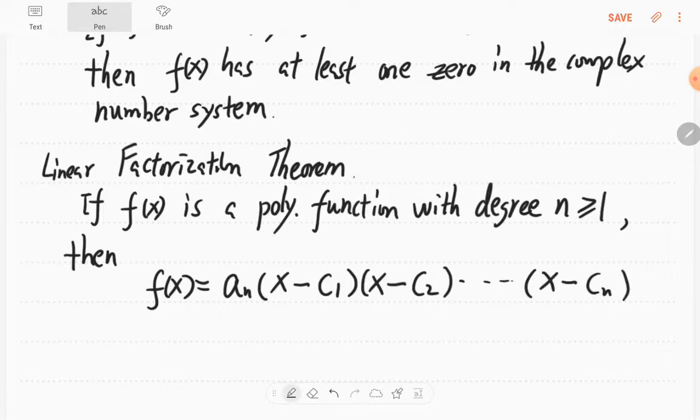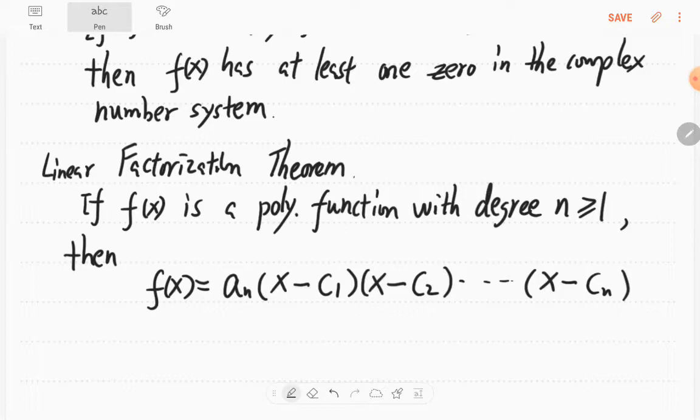In other words, in the complex number system, you can always factorize the polynomial function f of x in this form. Here, a_n is the coefficient of the highest power term.